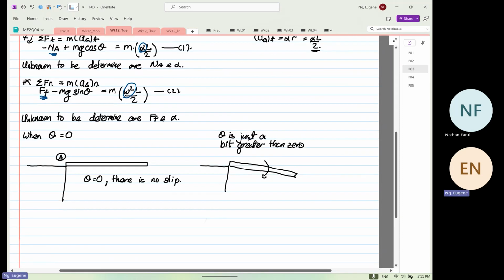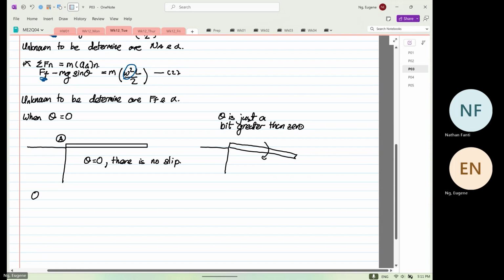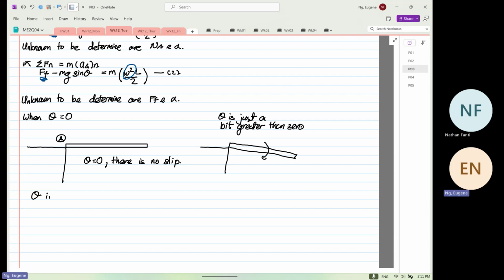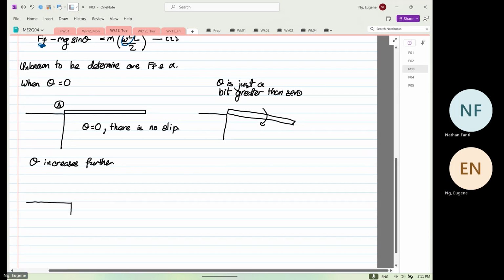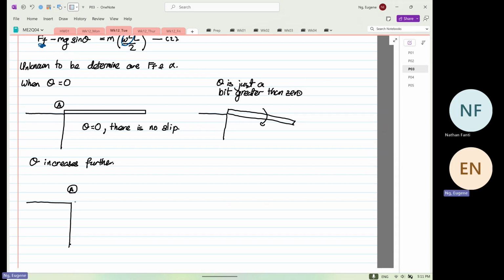And then when theta increases further, what will happen now is the structure will rotate and will move in a direction.